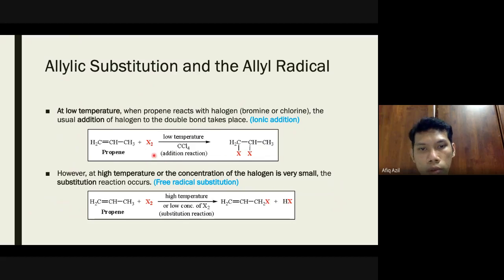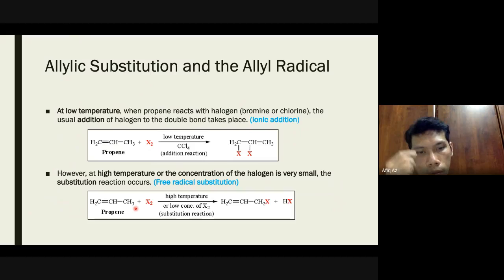For example, the bromine will be added to these two carbons. So this is an addition reaction. But at high temperature, or when the concentration of the halogen is very small, a substitution reaction will occur.